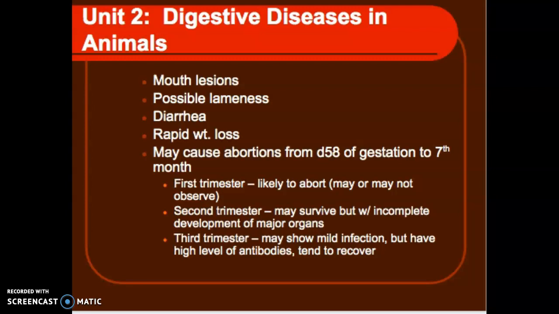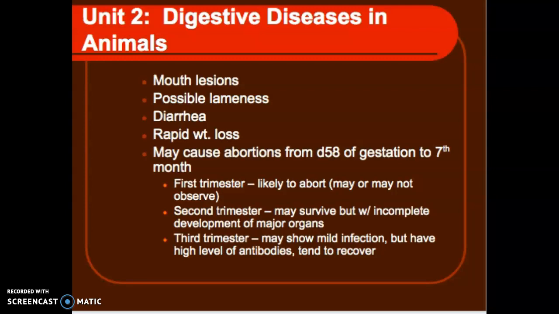What is really scary about this one is during the first trimester, they're probably likely to abort, and you may not even know that they were pregnant, or you may not even have realized that BVD caused the abortion. The second trimester, the fetus may survive, but maybe with incomplete development of organs.